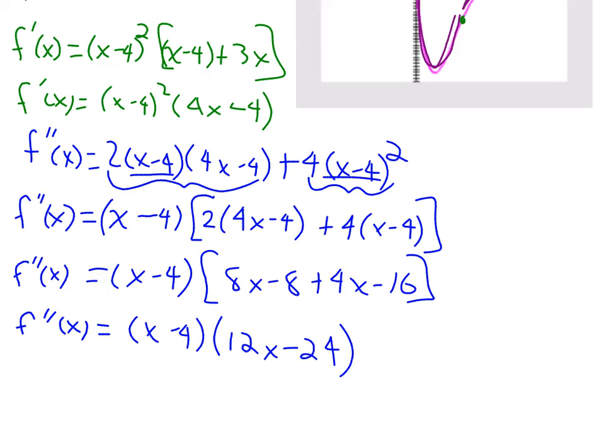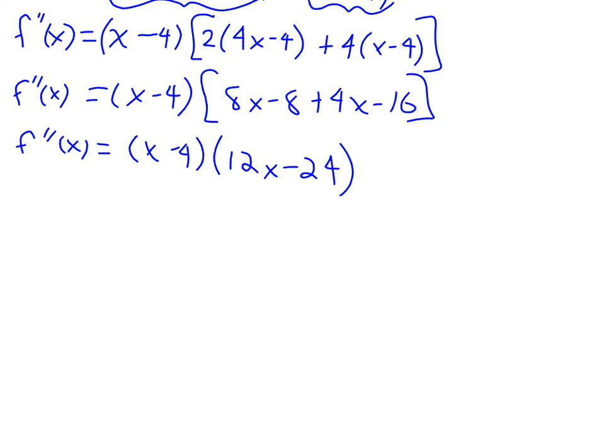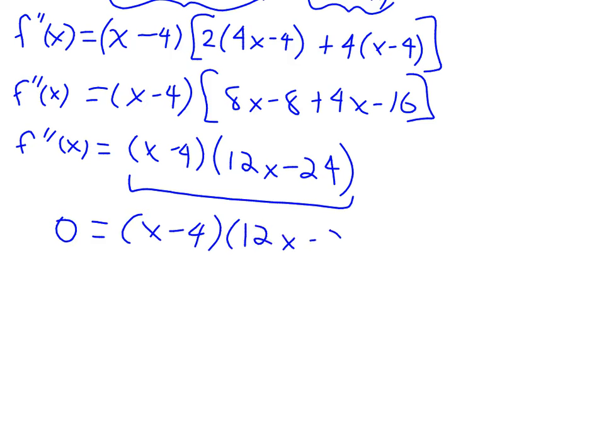Now again, to find the points of inflection, we know that the points of inflection occur when the second derivative is set equal to 0. So setting this expression right here equal to 0, I get 0 equals (x minus 4) times (12x minus 24).